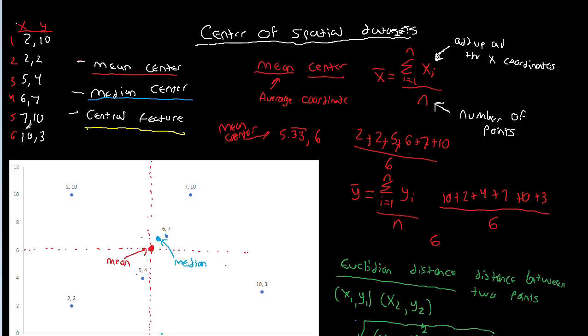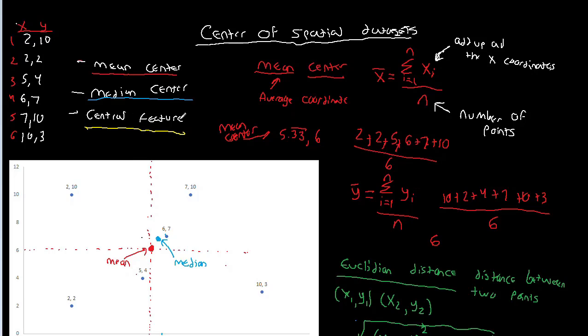And the way that it does that is by calculating the distance from one point to all the other points in the data set, adding those distances up, calculating the distance from this point to all the other points in the data set, adding those up, repeating the process to the third point. Distance, sum, fourth point, distance, sum, and then looking at all of those points to see which one has the smallest total distance, and that point is going to be our central feature.